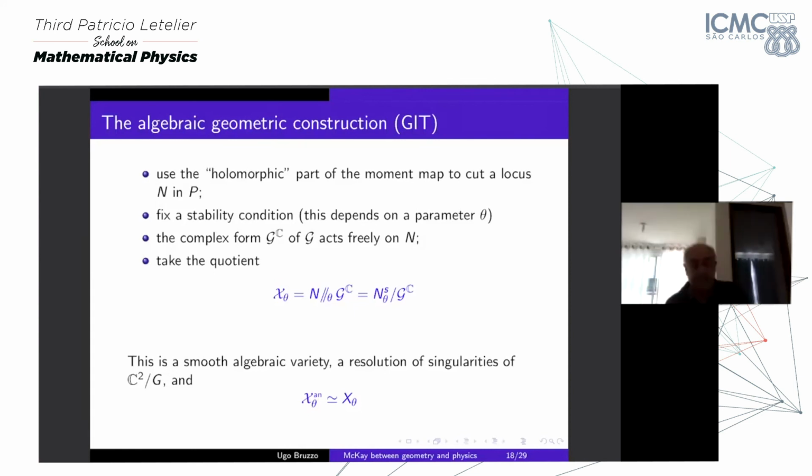And then we get a quotient, which you see I used a different font. I called it script X theta. We get a quotient which is a smooth algebraic variety. And this is a resolution of singularity of C2 mod G.